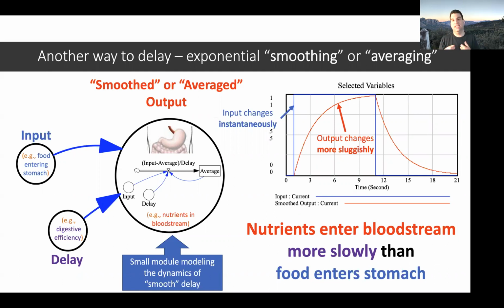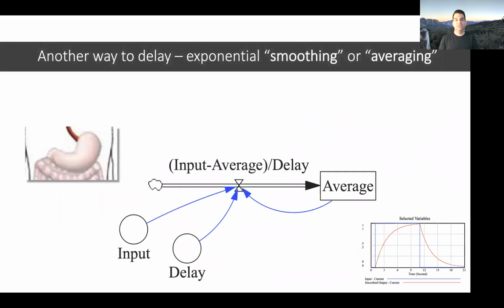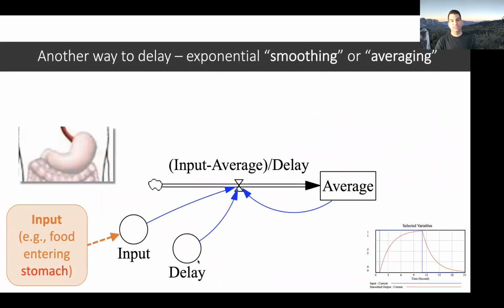We actually have to say the food going into the bloodstream is itself another stock. So the food in the stomach is one stock and the food going into the bloodstream is another stock. And the flow going into the bloodstream stock is going to have a more complex pattern to it. So let's zoom in on that and see what that looks like.